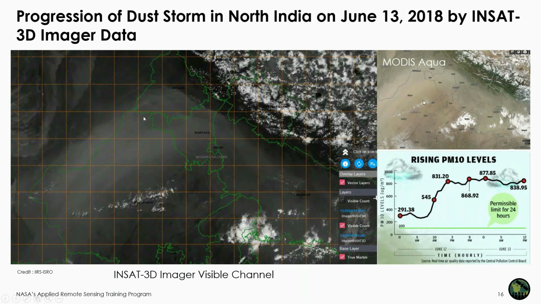So you can imagine that over these regions, because of this dust storm, severe issues related to air quality were caused, and inhabitants of this area faced large problems because of the poor visibility as well as the breathing trouble which can be caused by such massive dust storms.